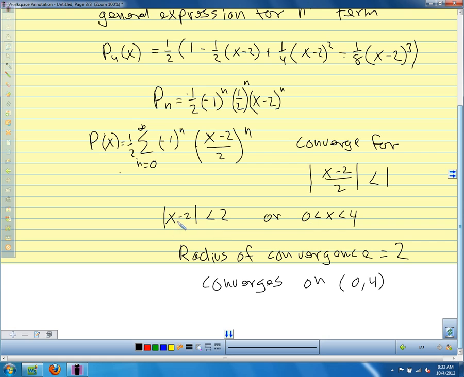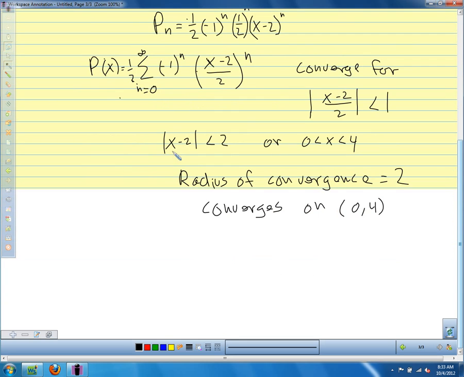Well, here we said the absolute value of x minus 2 has to be less than 2. If we solve that absolute value inequality, we get this interval, 0 less than x less than 4. So if I solve this inequality, it tells me x minus 2 is less than 2, and negative x minus 2 is greater than 2.